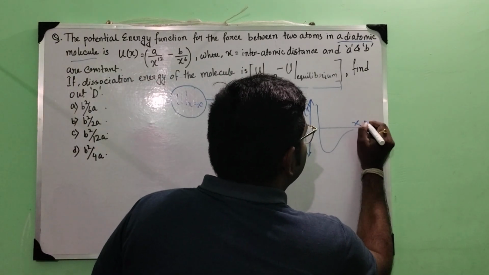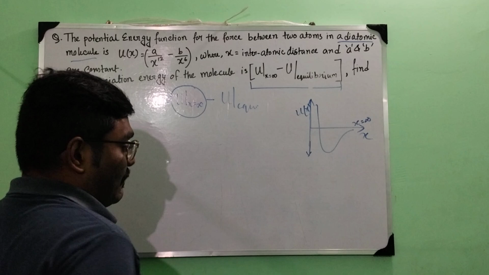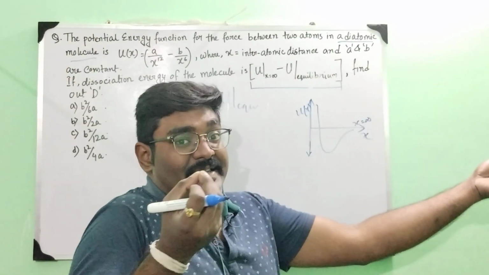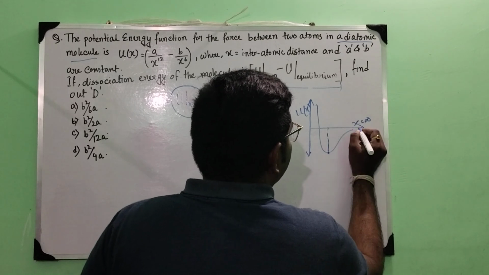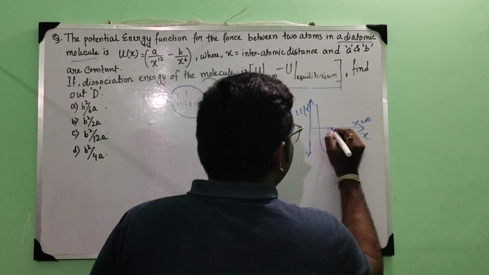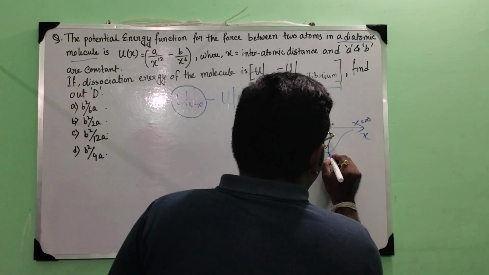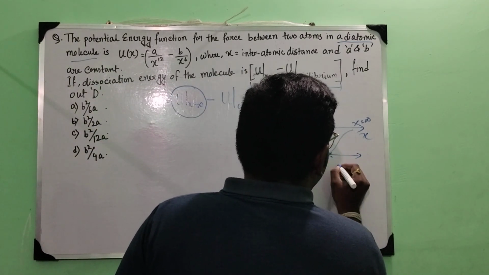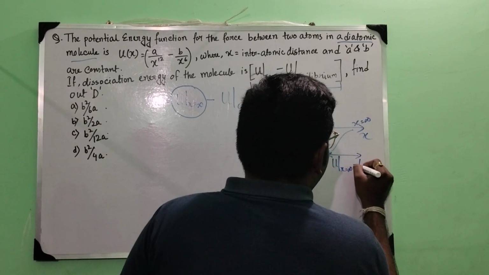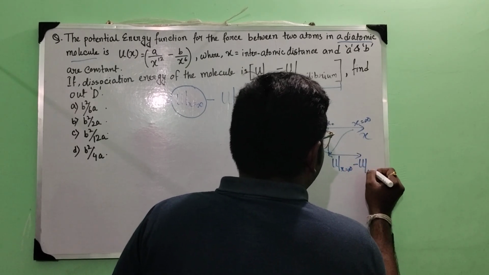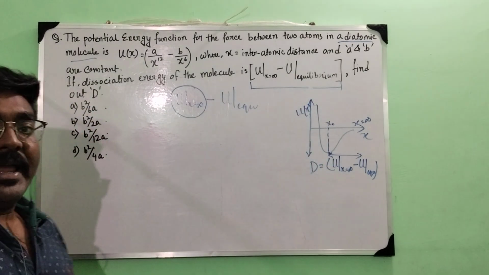X at infinity means this way, an infinite distance apart, when the two atoms are at infinite distance apart. And this is the equilibrium position, x0. The potential energy U at x equals infinity minus U at equilibrium is defined as the dissociation energy.